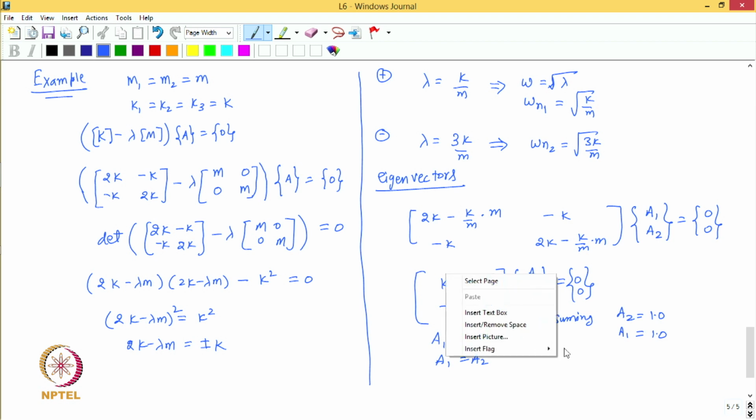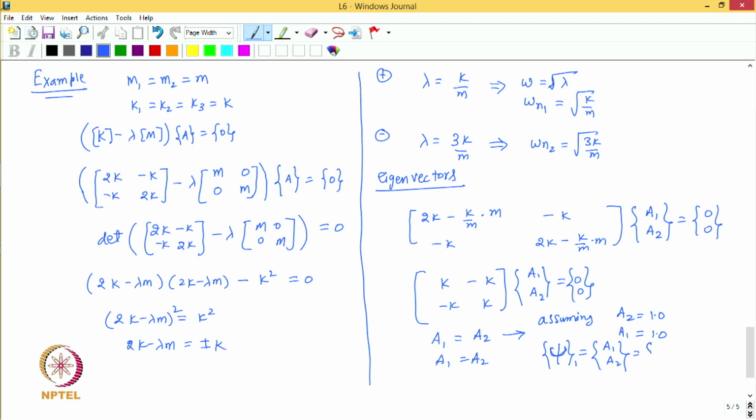And therefore, if I represent the eigenvector by psi 1, this eigenvector would be simply 1, 1.